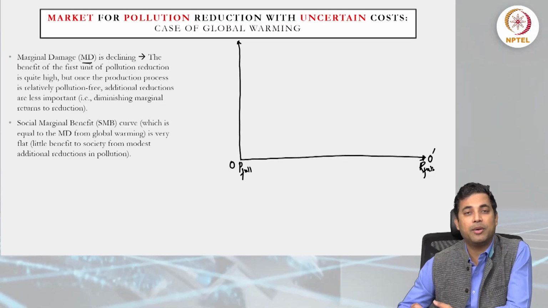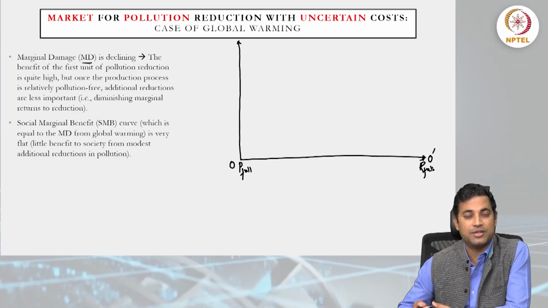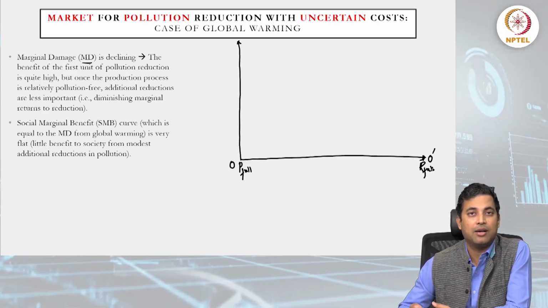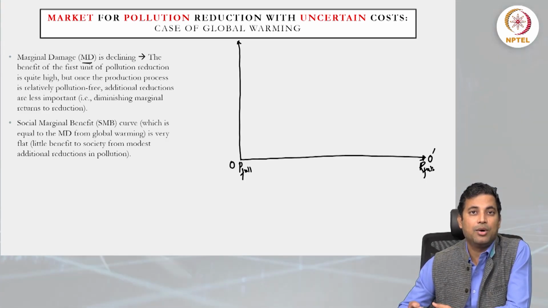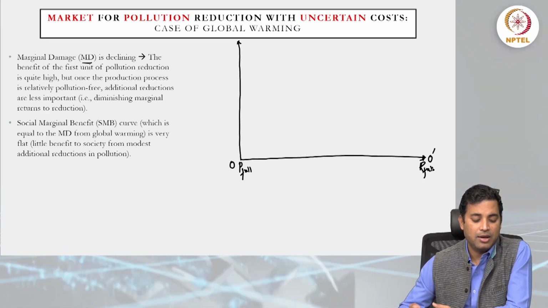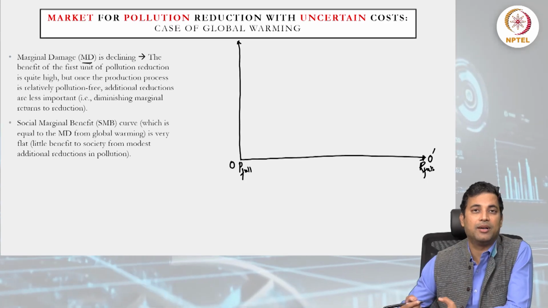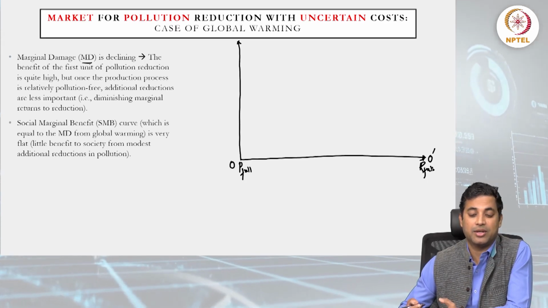Like for global warming, we really don't know the origin. First of all, we don't know from which country it is actually starting or how to arrest it, and from the society's point of view, there is very little benefit that we actually get from pollution reduction.